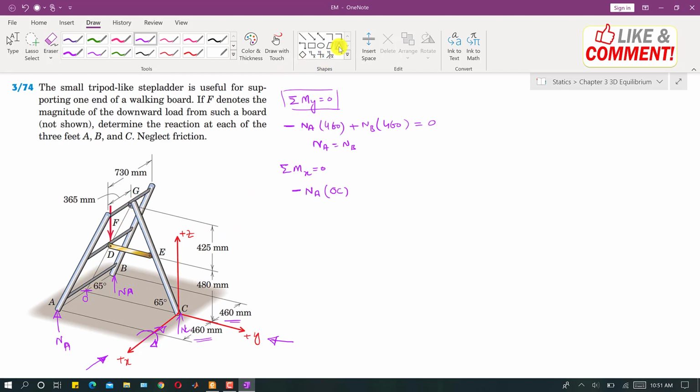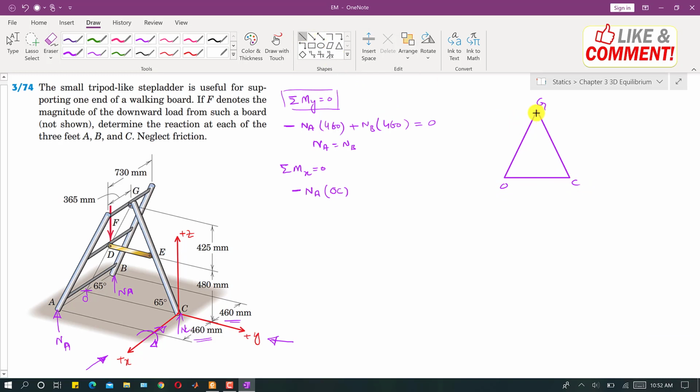If I draw that triangle here, let's say this is point G, this is point O, and this is point C.